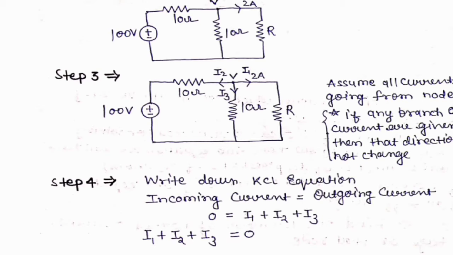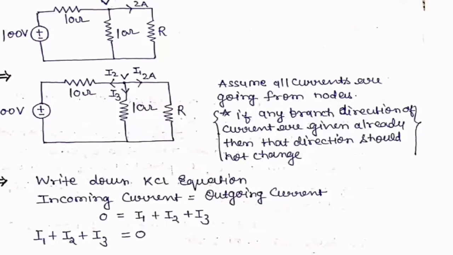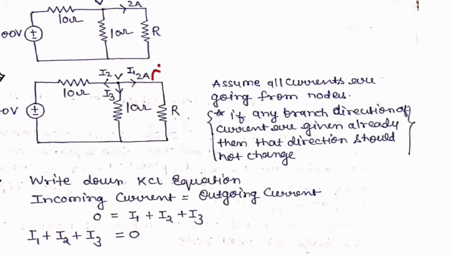You always select the direction of current by standing on that node, and try to select the direction going away from your position, except for one condition. If the network has already declared that a current is going towards the node, then you always choose that direction.